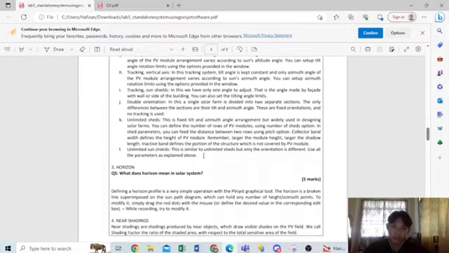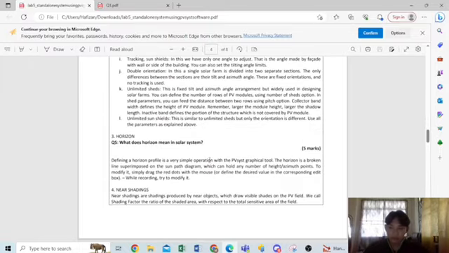And lastly, question 5. What does horizon mean in a solar system? In the solar system context, the horizon refers to the apparent line where the sky and the earth appear to meet.